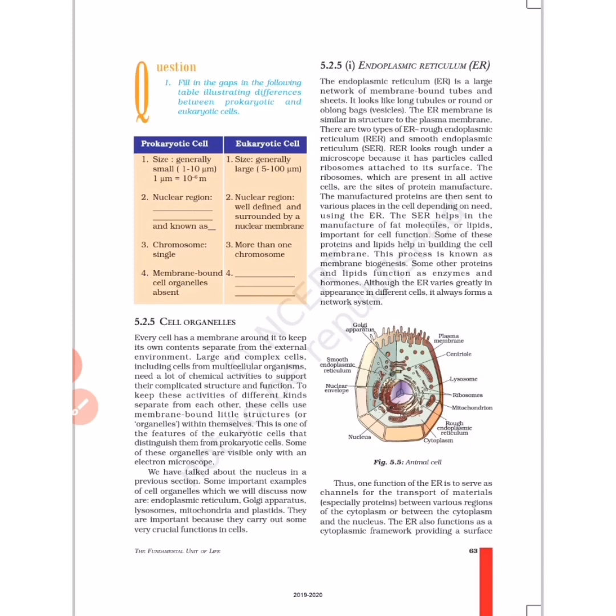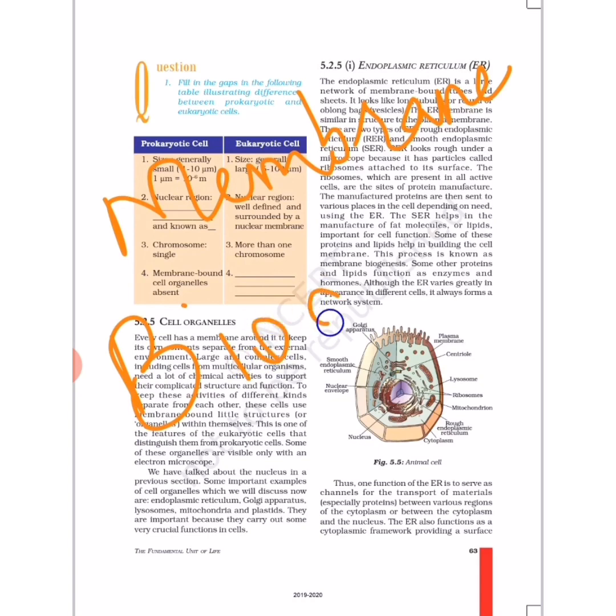As you know, the proteins and lipids are the components of the cell membrane. So endoplasmic reticulum, we can say, helps in membrane biogenesis, means formation of cell or the plasma membranes, because it synthesizes both proteins and lipids.